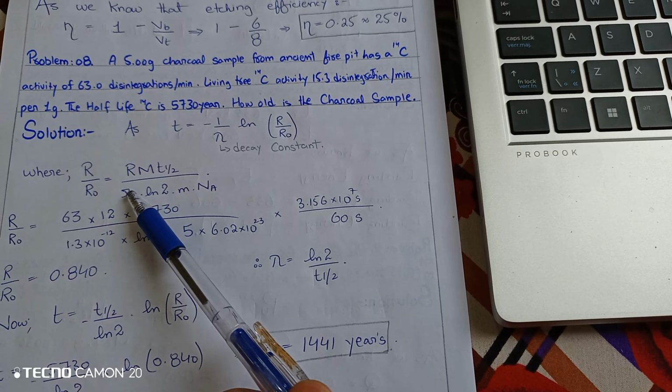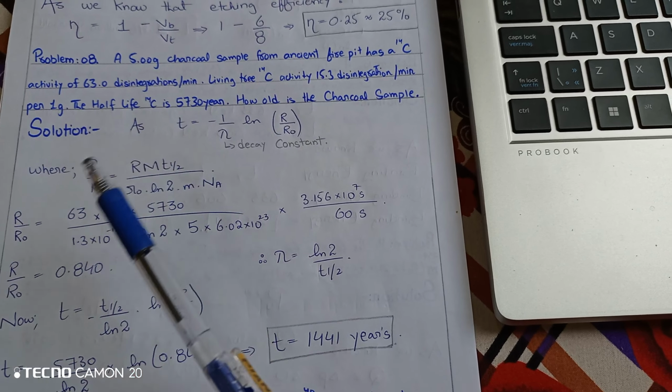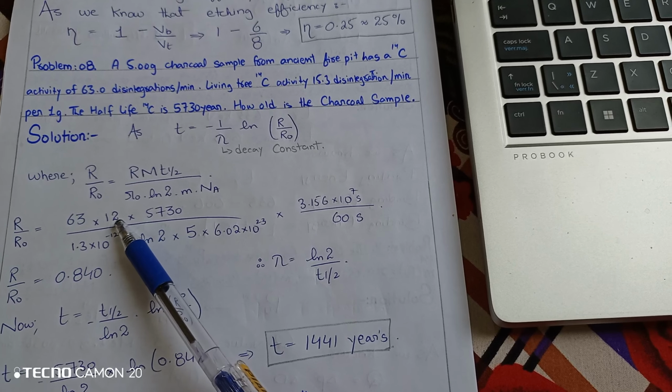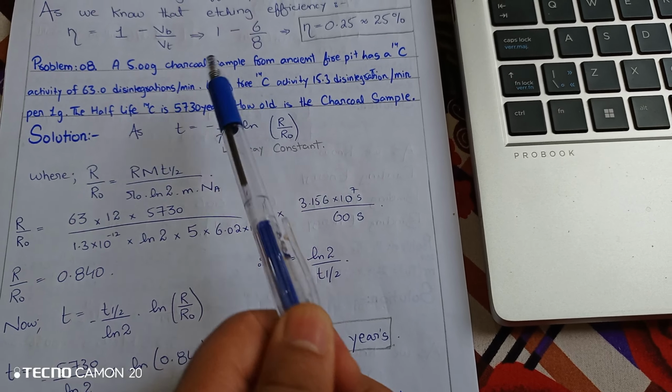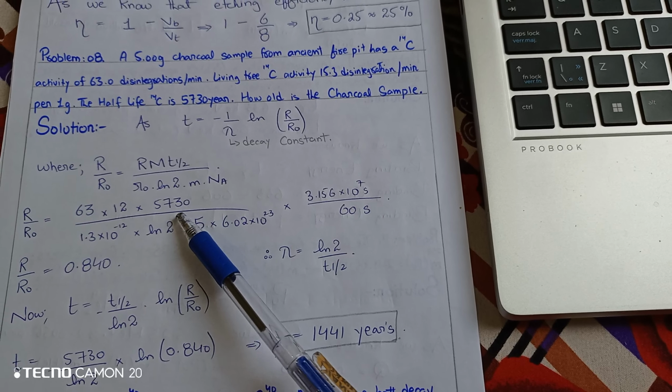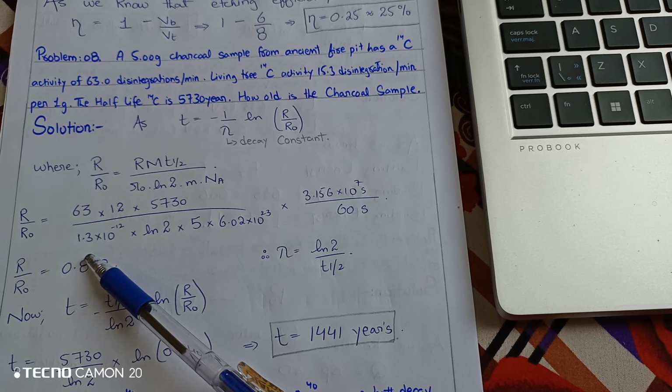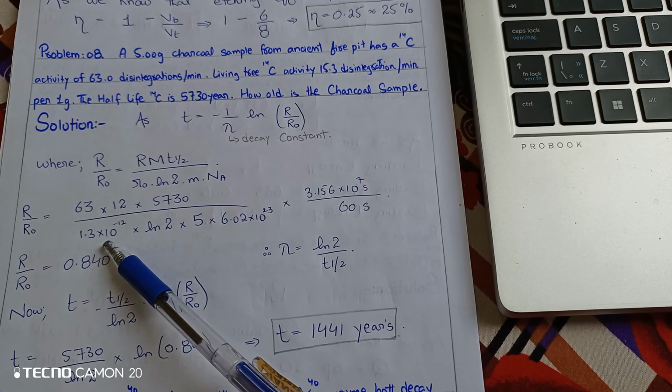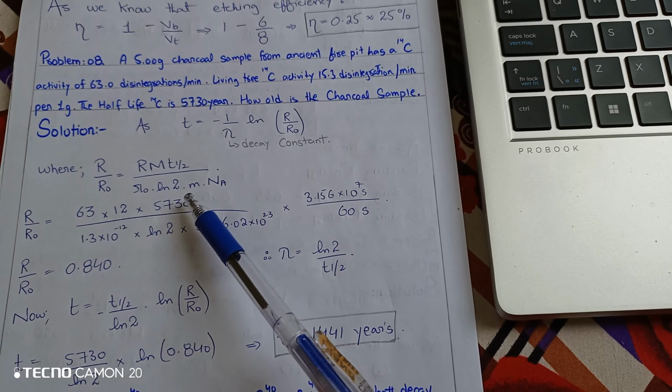Just putting the value of R, which is mentioned, 63 disintegrations, multiplied by 12, which is the molar mass of carbon, because carbon-14 is given, and the half-life which is given, 5730, divided by R naught constant, whose value is 1.3 times 10 to the minus 12, multiplied by ln of 2.